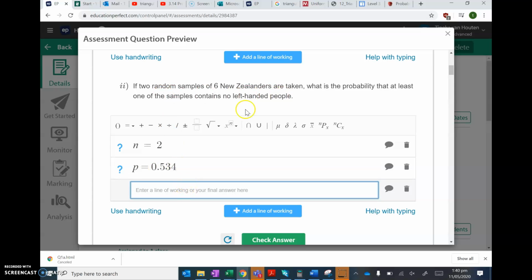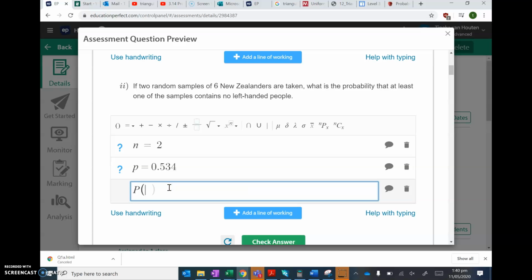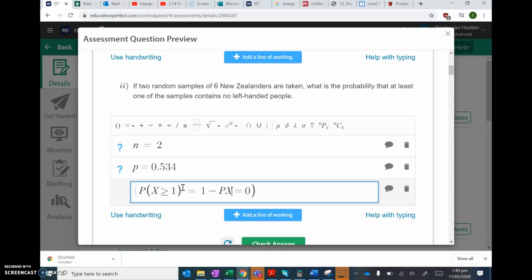And now I'm trying to work out the probability that at least one of these 2 contains no left-handed people. I'm trying to work out the probability that x is greater than or equal to 1, which is going to equal 1 minus the probability that x equals 0.